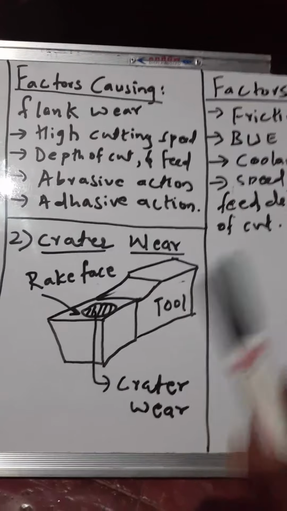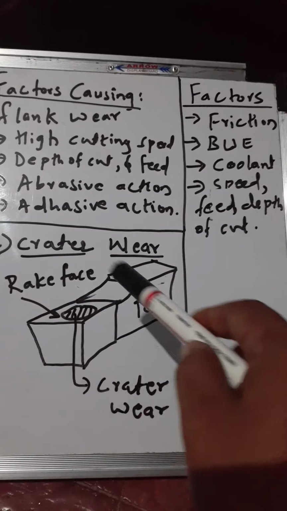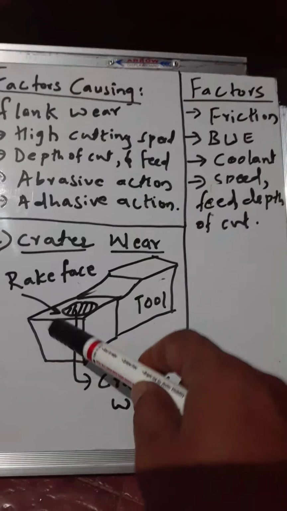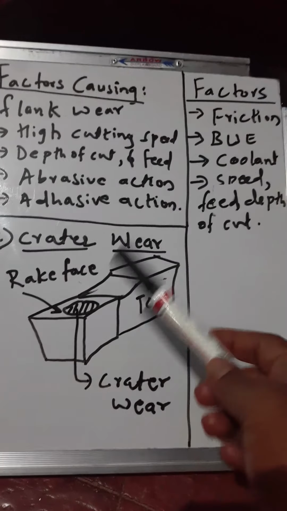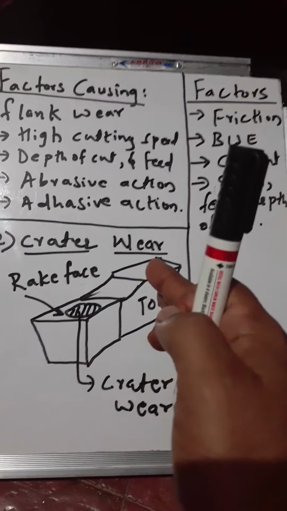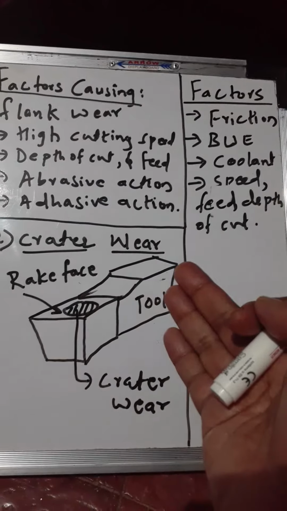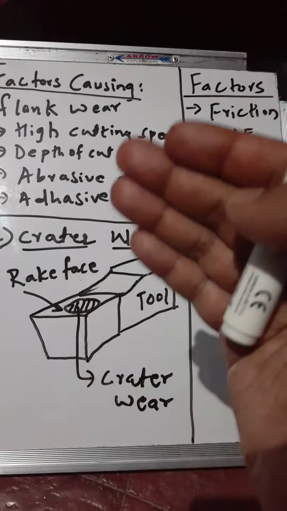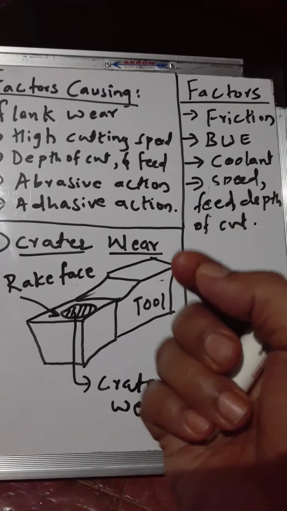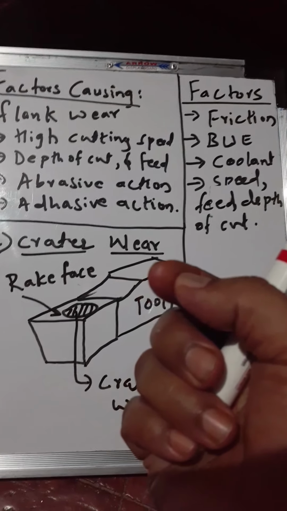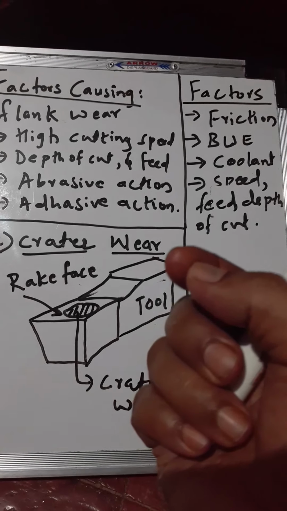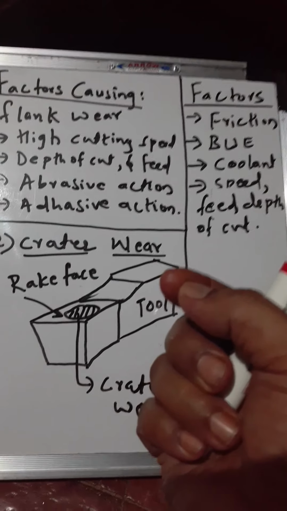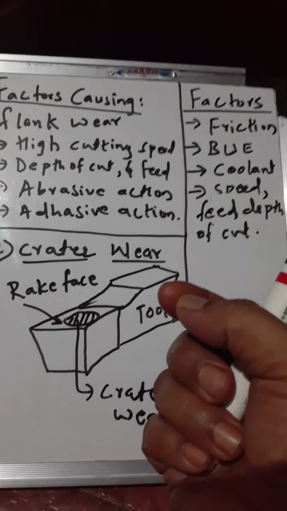In the same way, on the tool rake face, there is friction and scratching action between the flowing chip and the rake face, and even when the chip is flowing, some of the chip particles will get stuck to it, which are called built up edges. These built up edges may also lead to the formation of craters on the rake face of the tool.